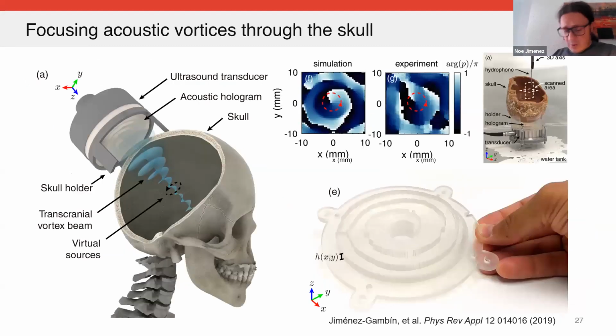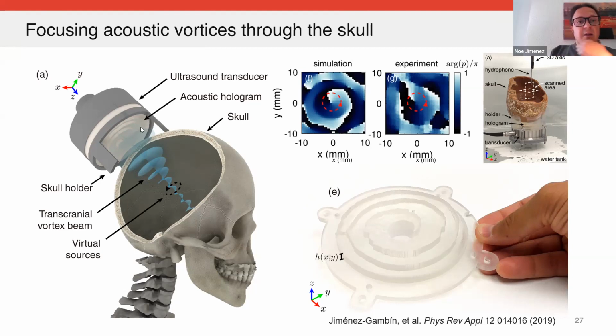You can focus even more exotic beams. For example, you can focus acoustic vortices. Probably the people who know what acoustic vortices can be used for are thinking of dropping things, dropping particles, dropping bubbles. And this was what we intended to develop here.